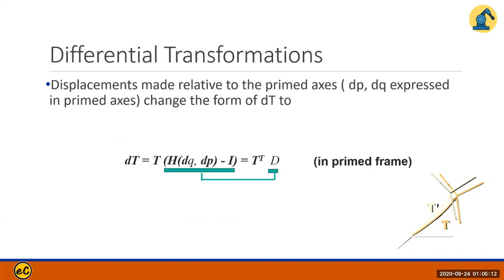Right here, you can see that the differential transformation dT equals T times a homogeneous transformation matrix minus an identity matrix, and you will get this. So basically this is the frame.